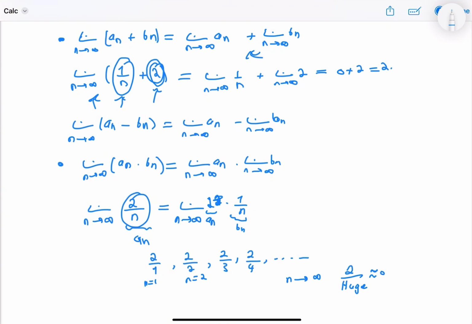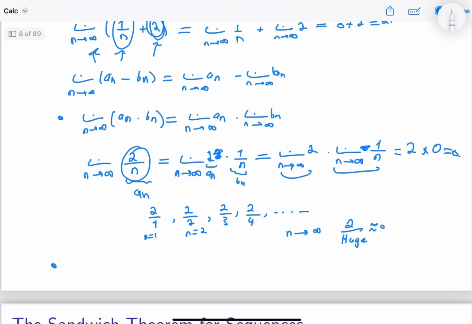Since the limit respects multiplication, this is the limit of the first sequence times the limit of the second sequence, which is 1 over n. The limit of a constant sequence is just the constant itself, so this is 2 times the limit of 1 over n, which we proved is 0. So 2 times 0 is just 0.